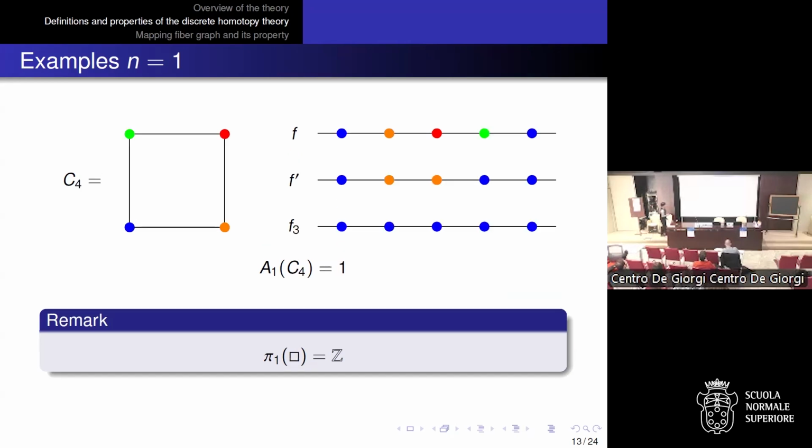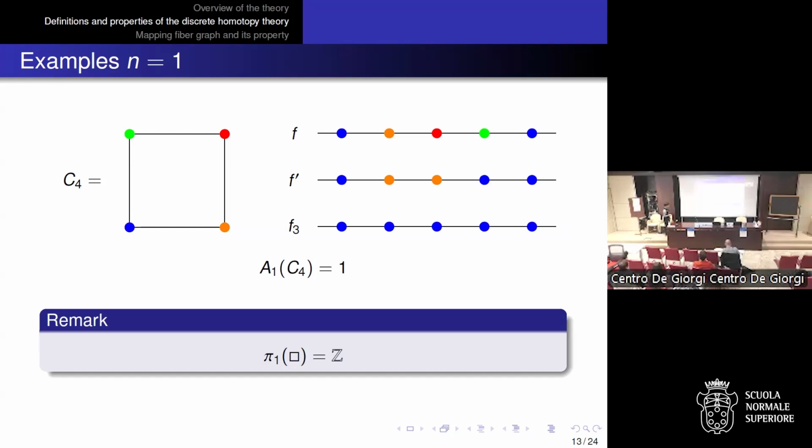And the square is also the same. In this case, we first contract green to blue and contract the red vertex to orange. That's the first step. Then in the second step, we contract the orange vertex to blue. Then we can also contract this graph to a point. So from a combinatorial point of view, the square graph is also a contractible space.